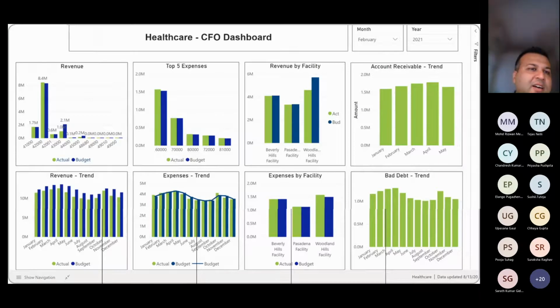You may look at expense independently, revenue independently, budget and actual independently, and then try to make out insight around it, which is difficult to do. So that's what a dashboard does. In a single screen, it made it possible for a CFO to identify multiple problems, something I explained on this particular slide. Let's look at the next slide.